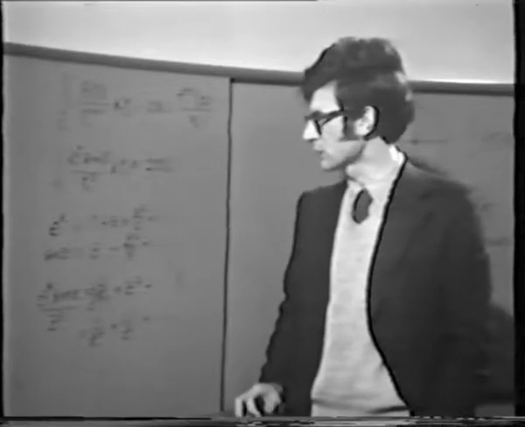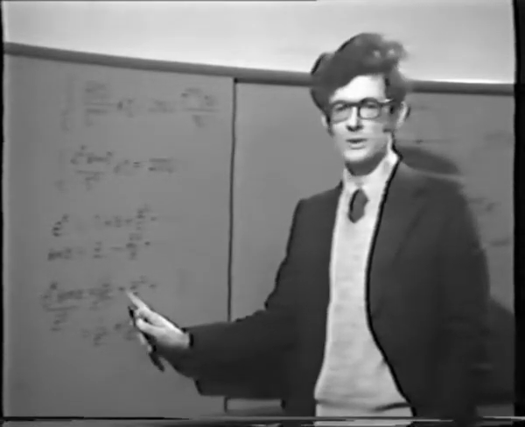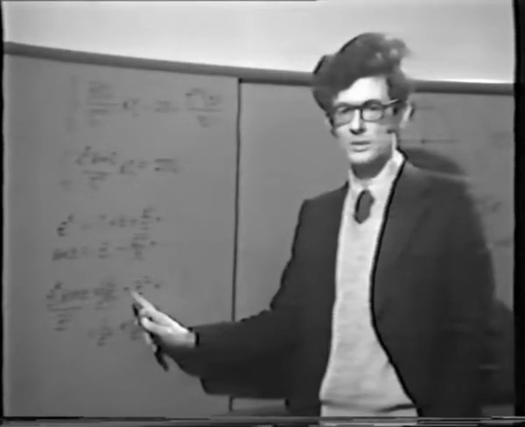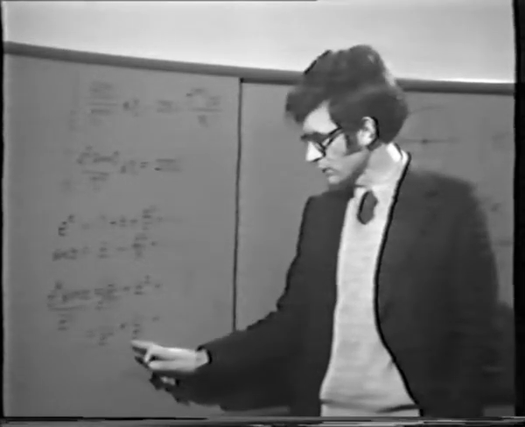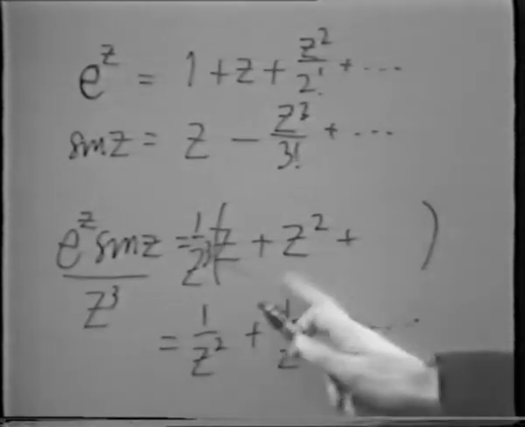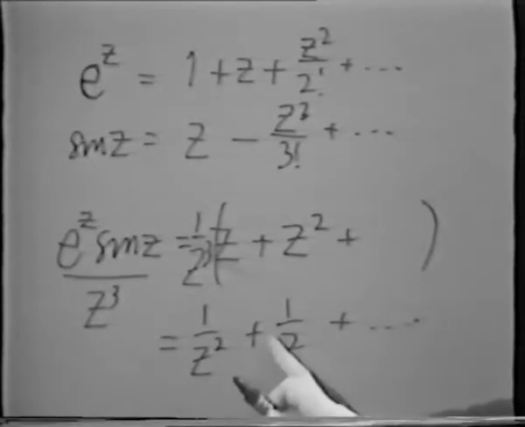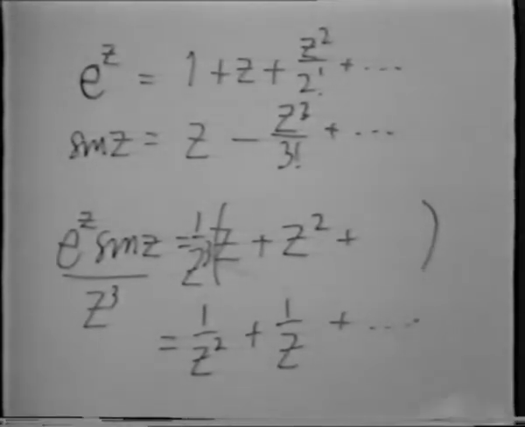So here we have the Laurent series for the function. Now, when I calculated the integral before using the Taylor series, it was the coefficient of z squared that mattered. Now, in the Laurent series, that term has turned into the 1 over z term. It's 1 over z cubed times z squared. So in the Laurent series, what I have to do is pick out the coefficient of 1 over z.